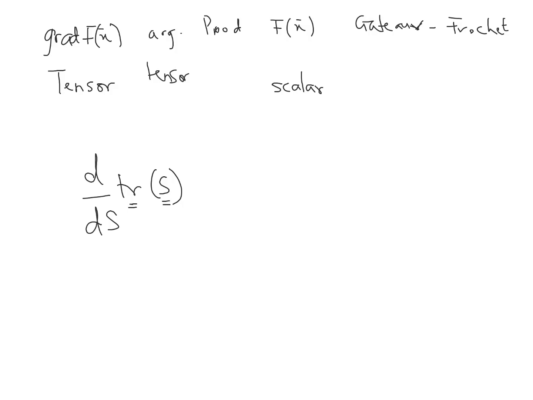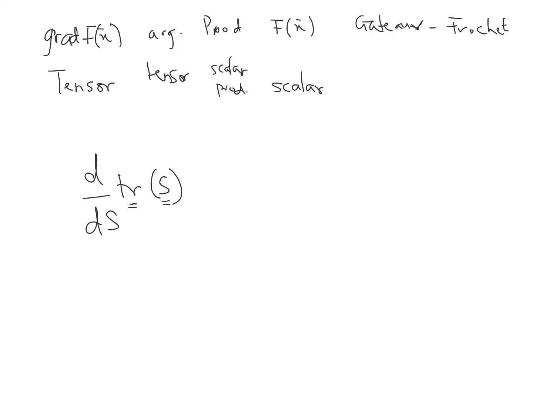Now, our Gateau differential, if your function is a scalar, your Frechet derivative is a scalar, your argument is a tensor, based on the Gateau-Frechet relationship, your product here will be a scalar product. So if you look at that table, if you came in late, oh, there's nothing I can do, you have to watch this recording.